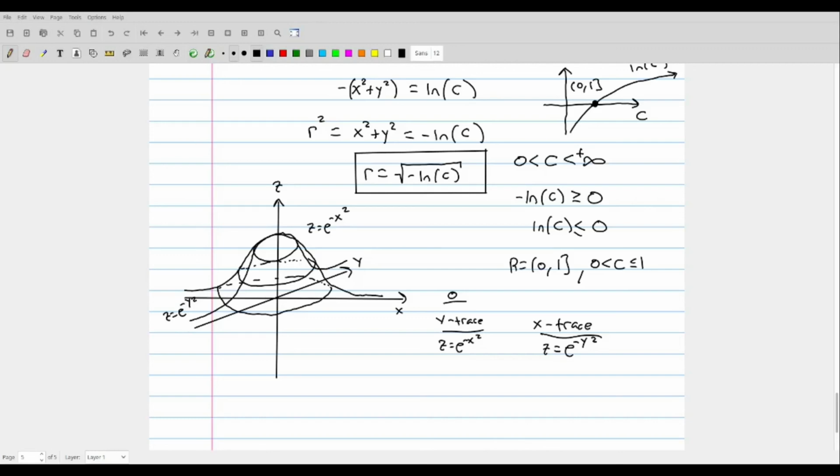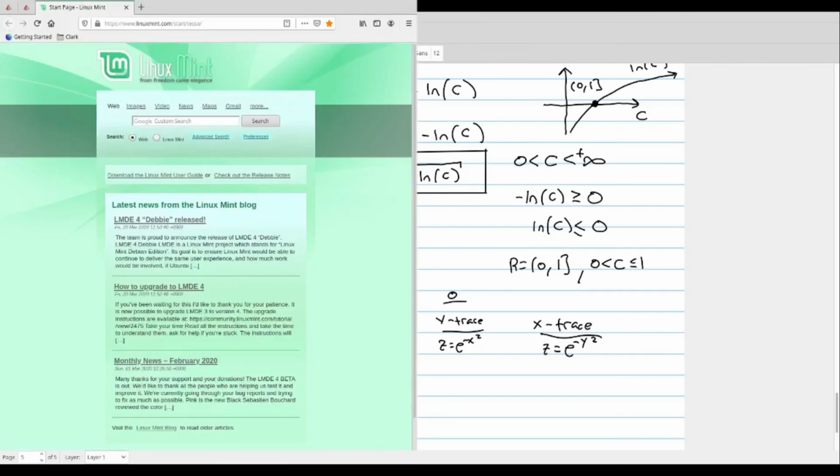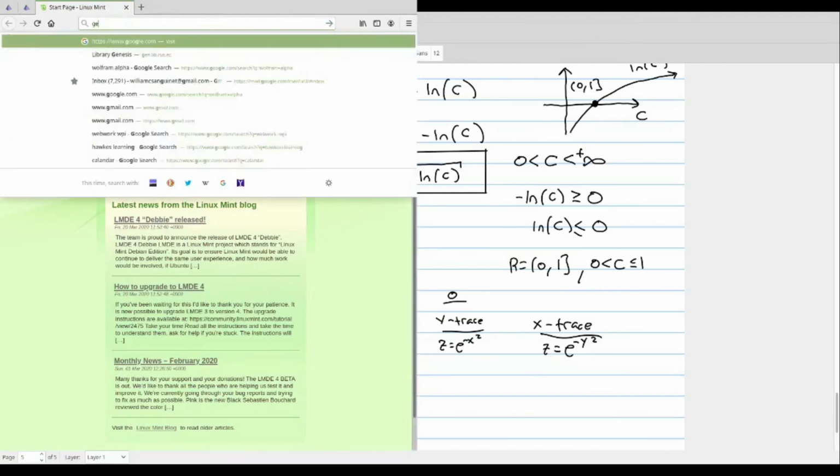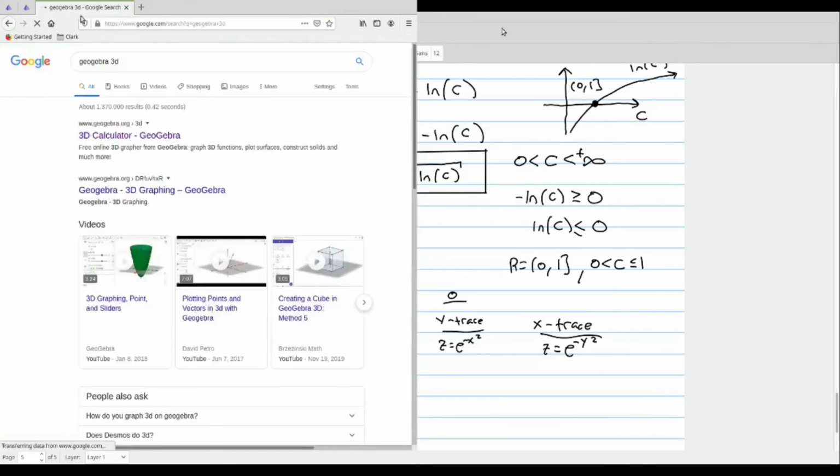So if we open up our GeoGebra window, this is exactly what we'll see.